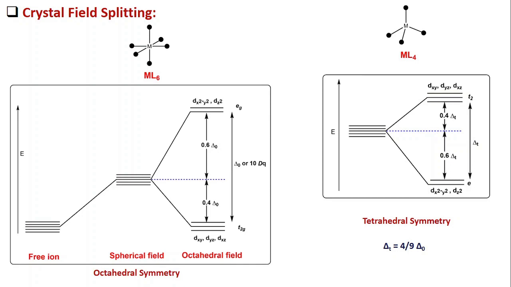This splitting is denoted by delta t, and the crystal field splitting in the case of tetrahedral complexes is less compared to the octahedral complex, because the number of ligands in a tetrahedral complex is less than in an octahedral complex. Mathematically, delta t is equal to 4 by 9 of delta naught.